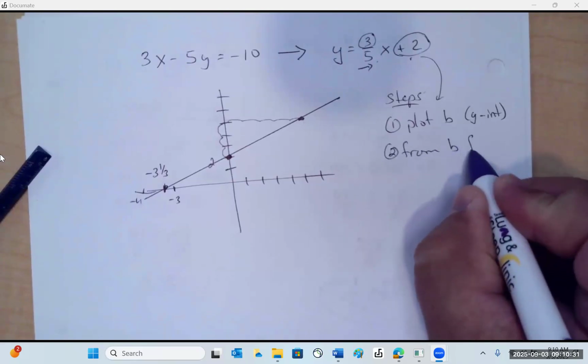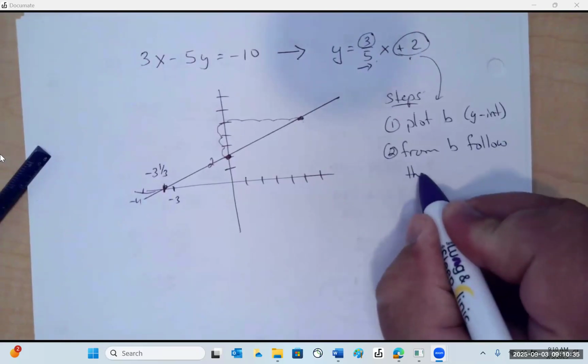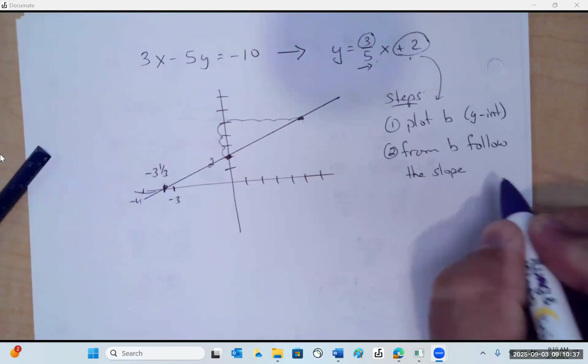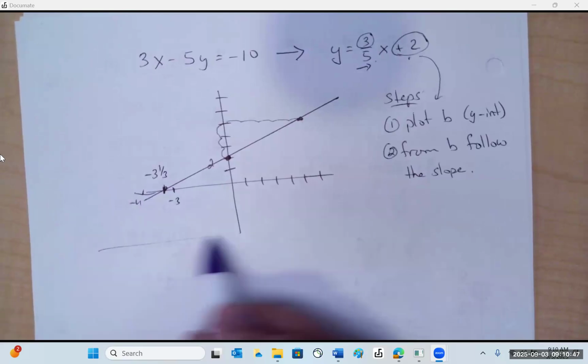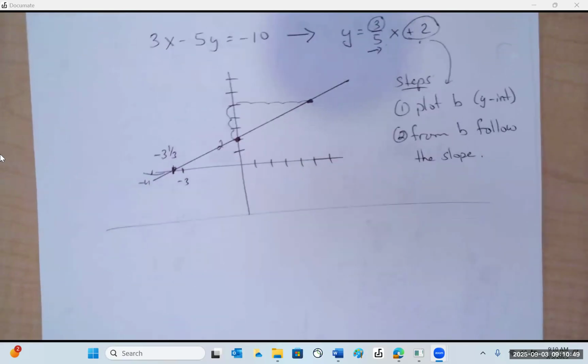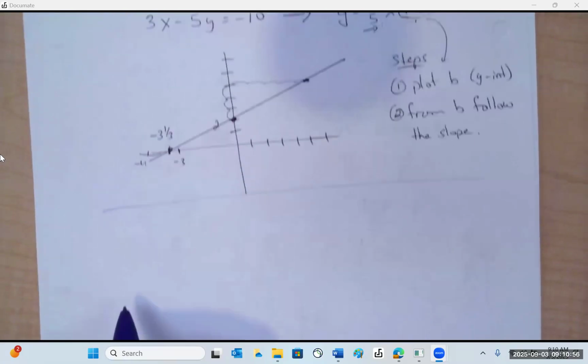From B, follow the slope. And that gives you your next point. So graphing equations really isn't that difficult. It just sometimes requires more work than others.